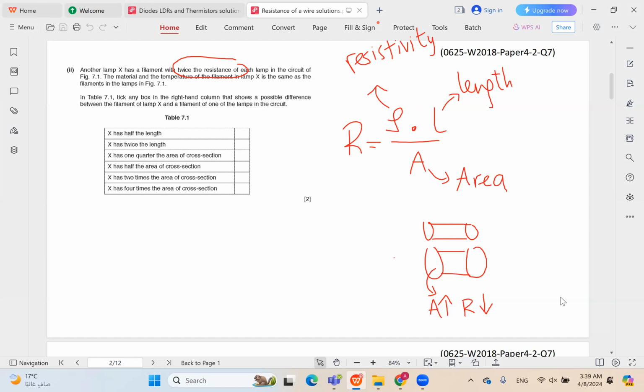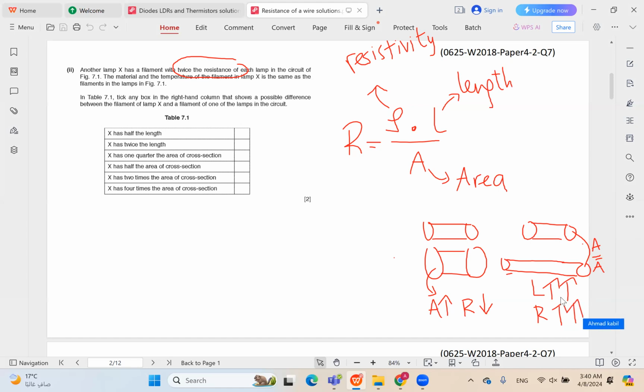So the resistance of the second wire is smaller than the resistance of the first wire. In the second example, we have the same wire again, but we have another wire of the same area, but of a much greater length. So just assume that it's the same area here. A equals A, but the length is much bigger. So if the length is bigger, then the resistance is bigger.